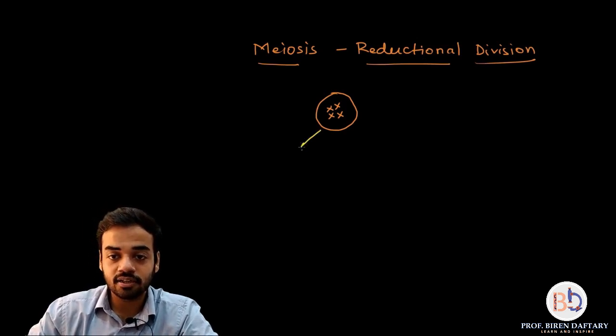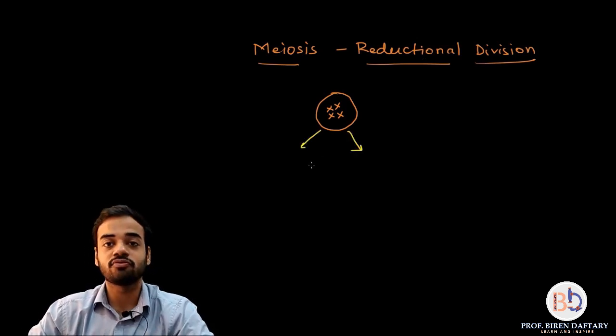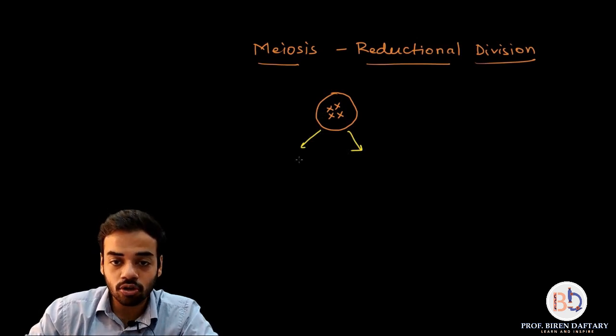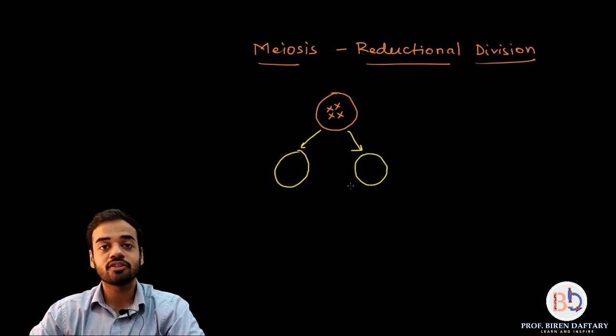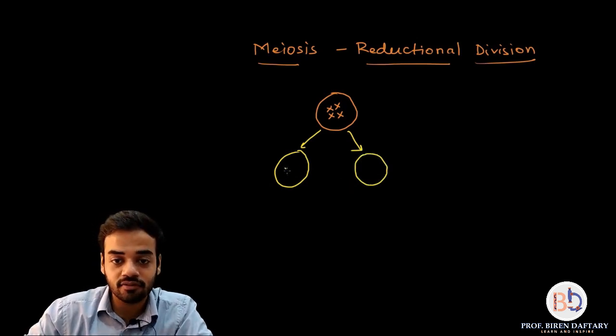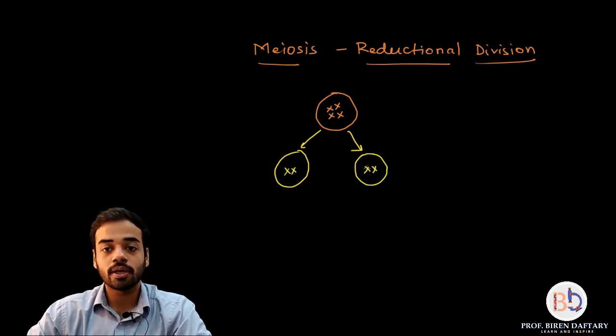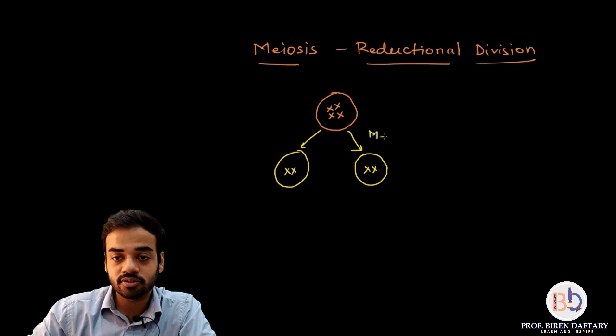When this cell undergoes Meiosis-1, two daughter cells are formed, just like mitosis. However, the chromosome number in each of these daughter cells will be half. So each cell will have only 2 chromosomes. This is called Meiosis-1.